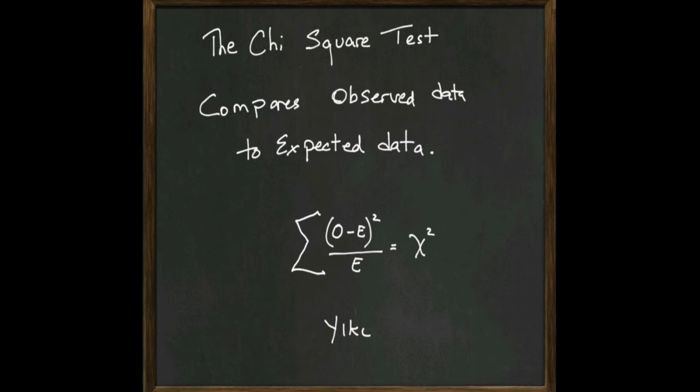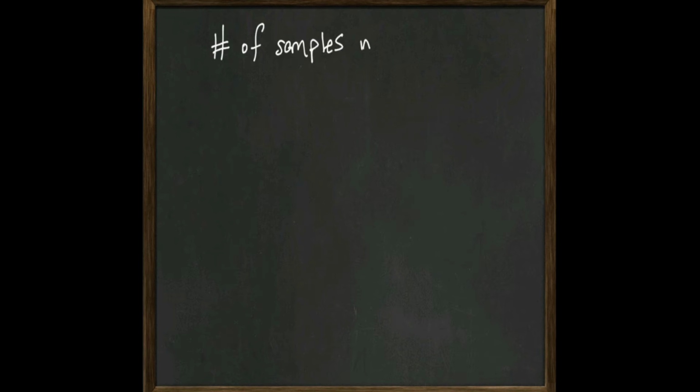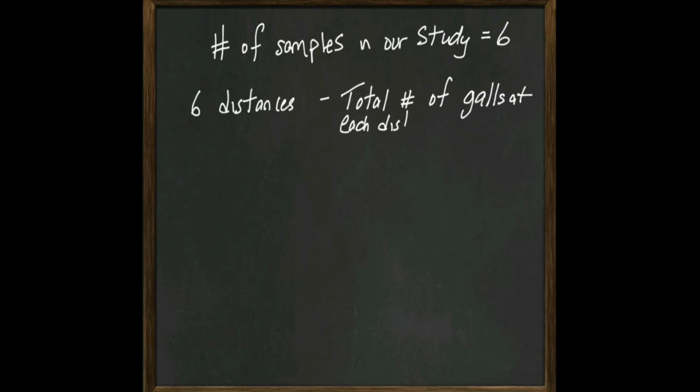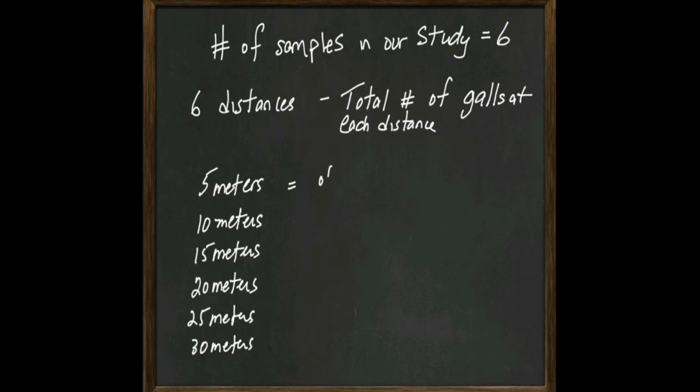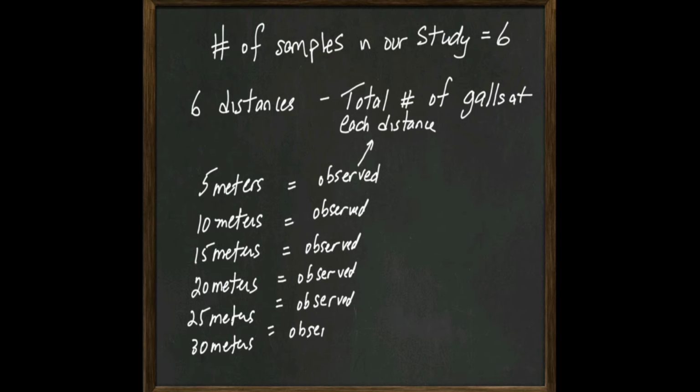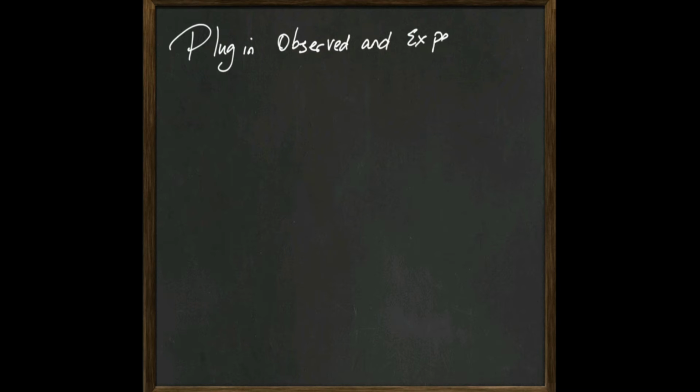We will use a test called the chi-square test, which is a fancy equation that takes into account how big your sample size is, and it compares the observed or counted total number of galls for each sample and compares that to what you would expect to find if any differences found were caused by random chance.